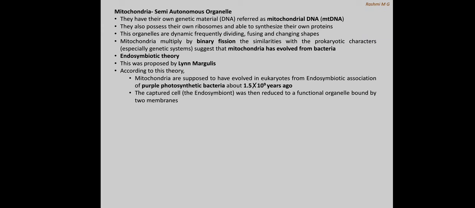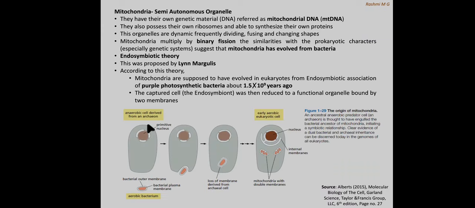To explain this, the image would be enough, I think. See here. An ancestral anaerobic predator cell, an archaeon, is thought to have engulfed the bacterial ancestor of mitochondria, initiating the symbiotic relationship. Clear evidence of a dual bacterial and archaeal inheritance can be discerned today in the genomes of all eukaryotes. So this is a eukaryotic cell.